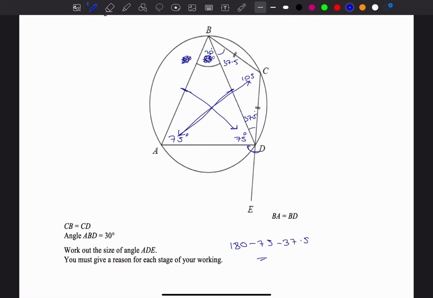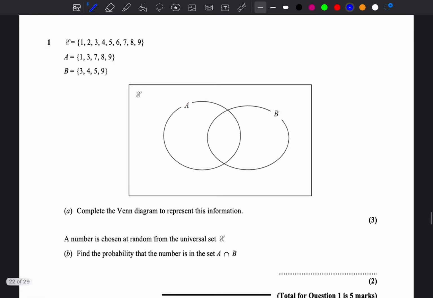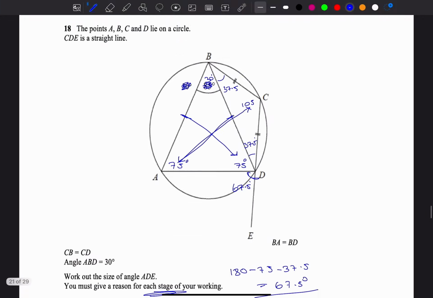This is total angle in a straight line, right? 67.5 is the answer. Okay, ADE. Always write the reasons down.